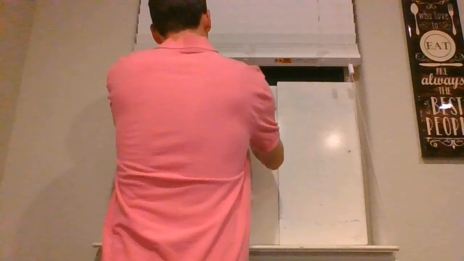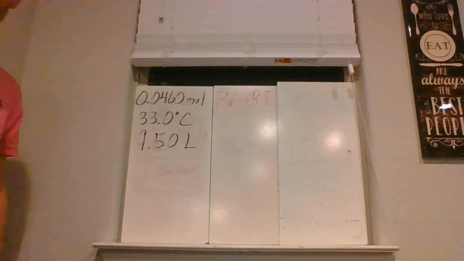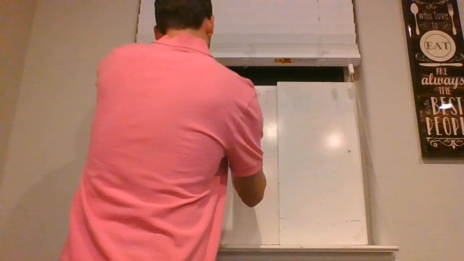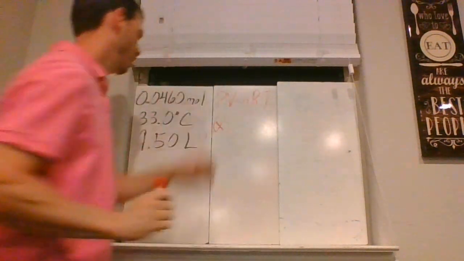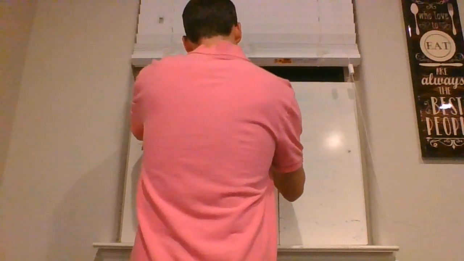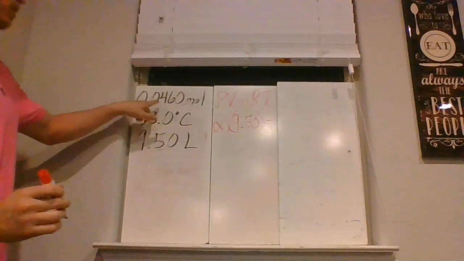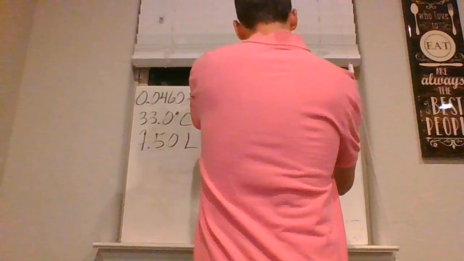So as we go into PIVNERT, it looks like my pressure in this case is what we're looking for. The volume is the 9.50. My mole count is 0.0460.